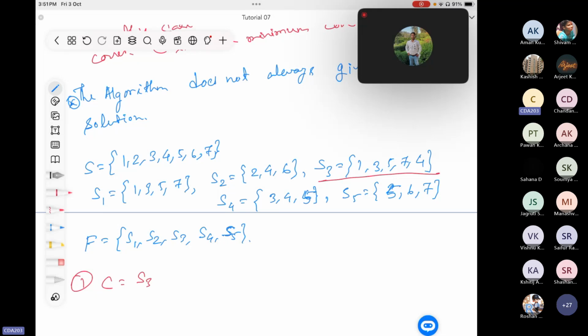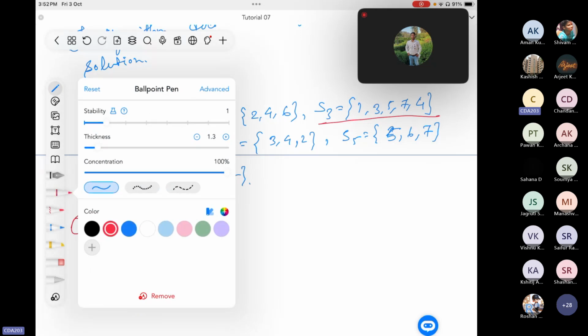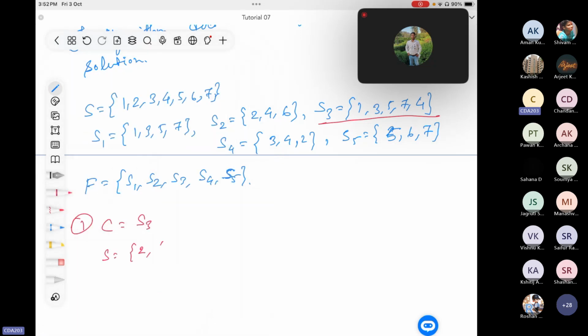Once S3 is included, then the remaining set is... oh, it's a slight mistake. Sorry, it should be 2. S is 2, 4, 2, 6.